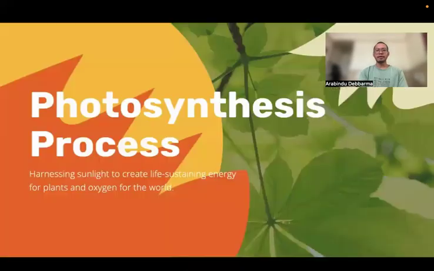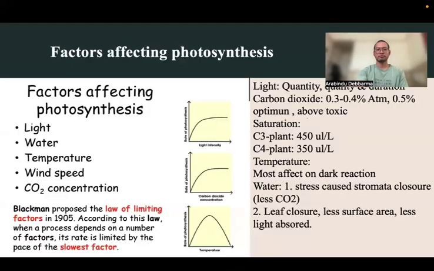Next, the factors affecting photosynthesis. Like we have already studied, the external and internal factors: light, water, temperature, wind speed and carbon dioxide. The concentration of carbon dioxide can reduce photosynthesis.